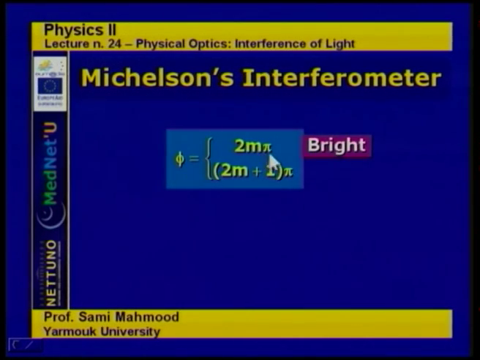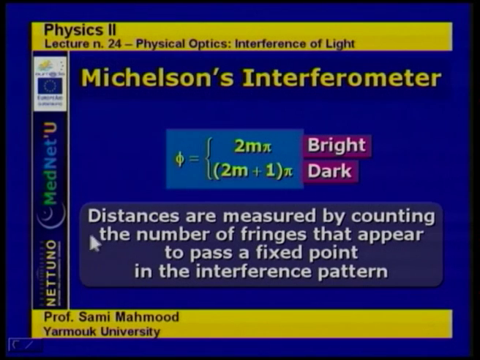φ equal to 2mπ gives bright fringes, (2m+1)π gives dark fringes, and the distances are measured by counting the number of fringes that appear to pass a given point in the interference pattern.